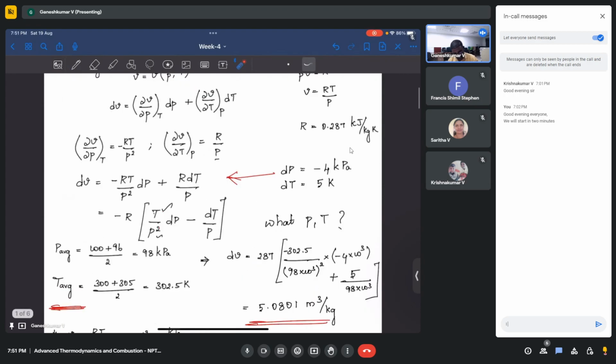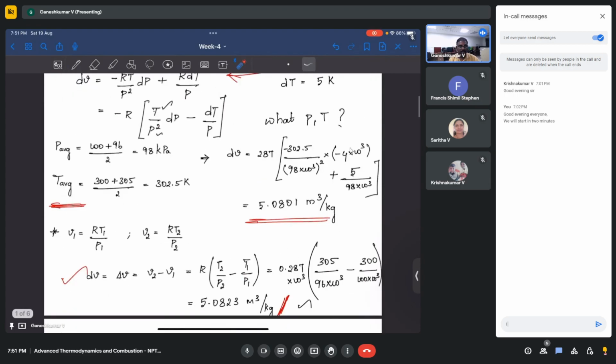Even though it's a simple problem, it teaches us a lot about the differentials. How do we use it? Let's say you go for a very complex function, a complex real gas equation. For some substances there is no equation, there are only tables, right? So they don't have any functions. PV is equal to RT is not there.